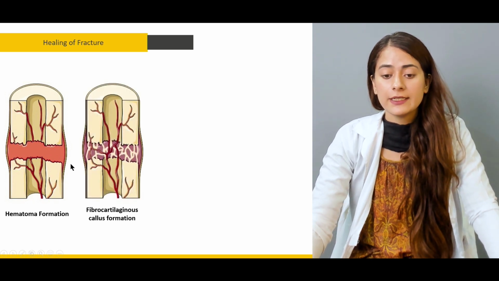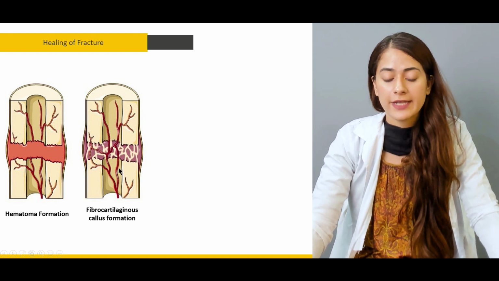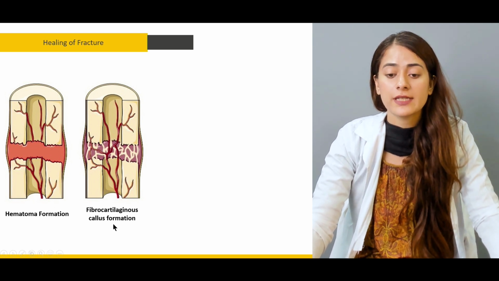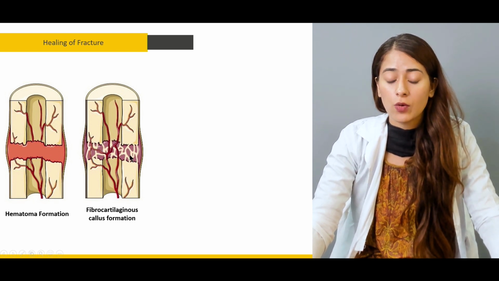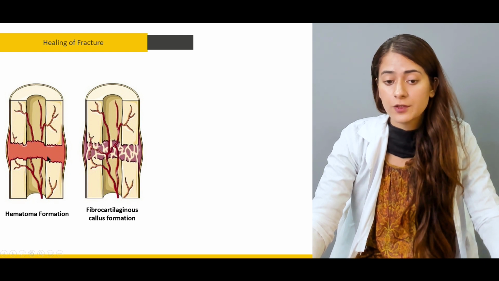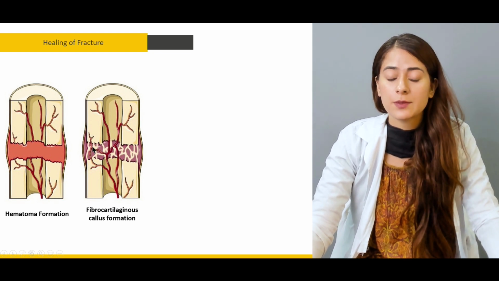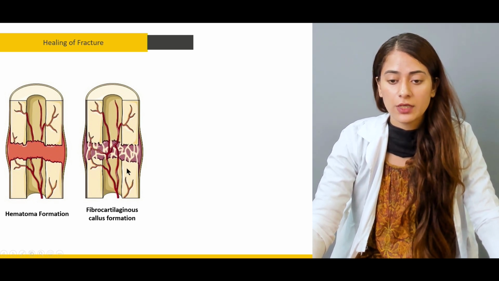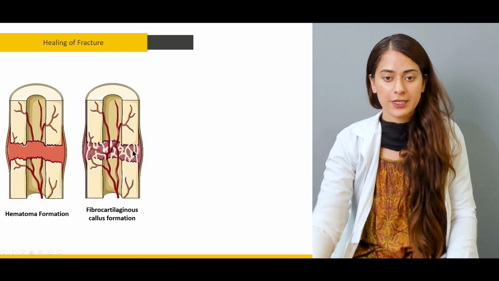So this is the second event in the sequence, which comes after the hematoma formation, which is fibrocartilaginous callus formation. So next, the inflammation that resulted from the acute injury has subsided somewhat, but there is still some inflammation here, but the overall inflammation has subsided.